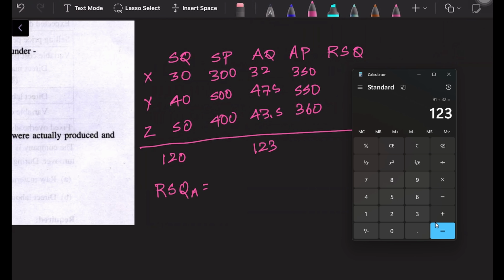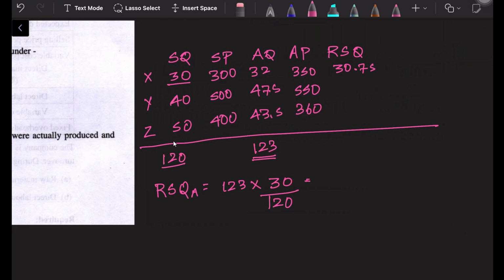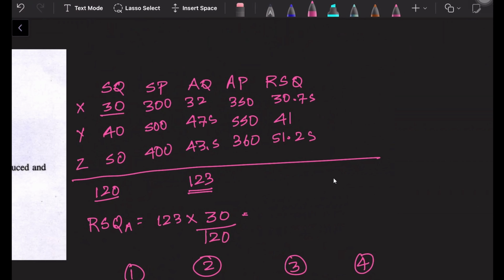RSQ of A, I should take 123 and multiply it in this ratio. So 30 divided by 120, so I will get 123 divided by 4. So this will be 30.75. Now I ask you to calculate RSQ for Y and Z. So now I have calculated RSQ for Y and Z also. This was the first step.